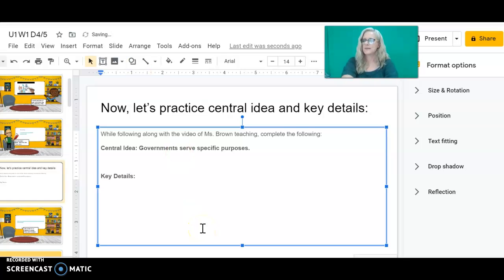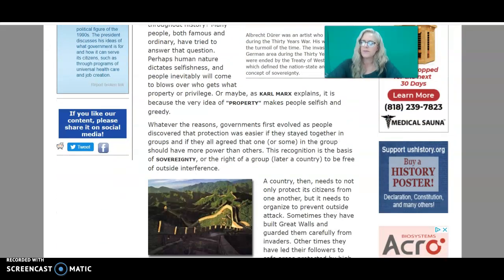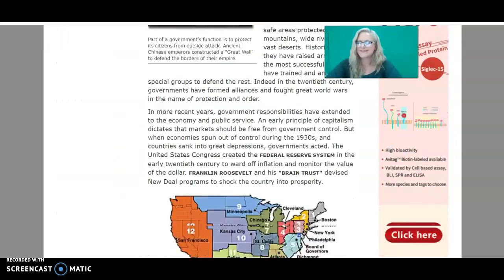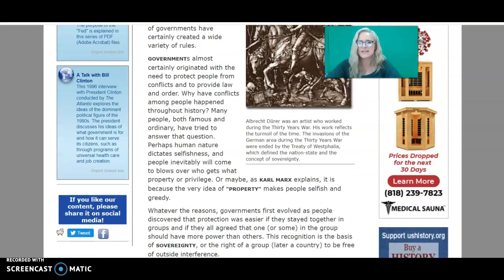I'm going to hit enter and I'm going to number it because it just is easier for me once I'm organizing my ideas if I number all of my key details so I have an idea of how many I'm doing. I know that in an article that is only this long, it's not going to have 15 key details.